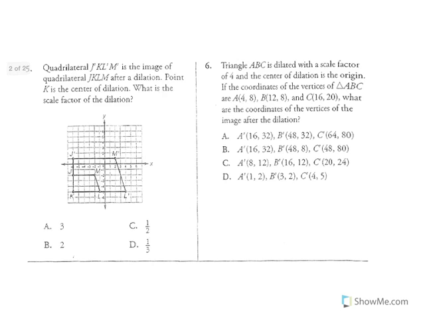All right, number 5 is a little different. Okay, it says quadrilateral J prime K prime L prime M prime is the image of a quadrilateral JKLM after a dilation. Point K is the center of dilation. So you want to underline this to keep that in mind.